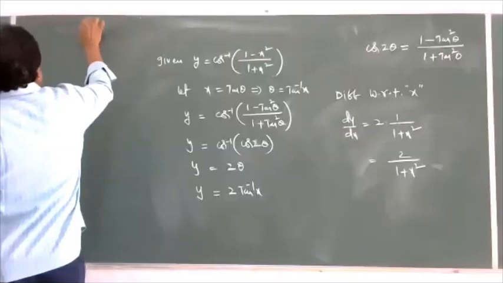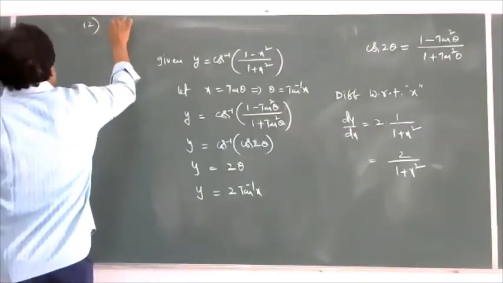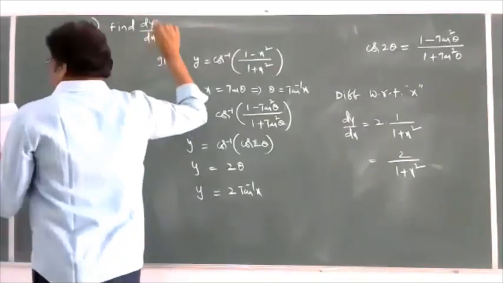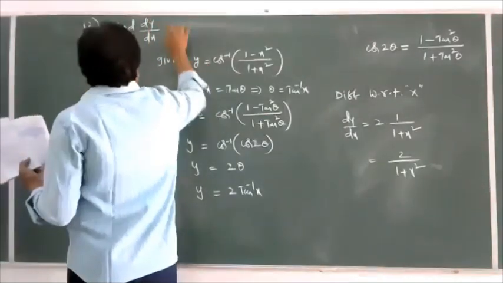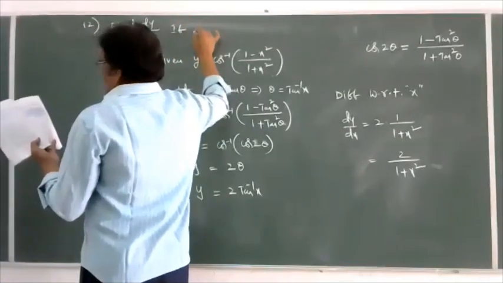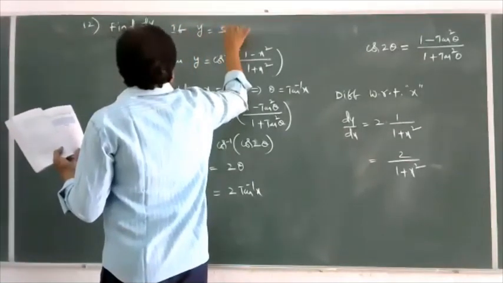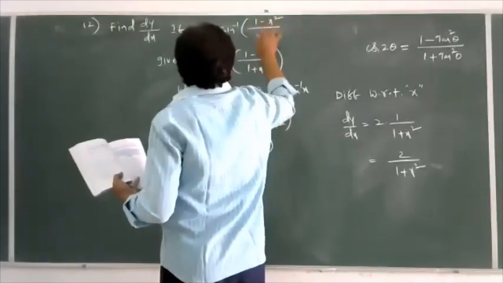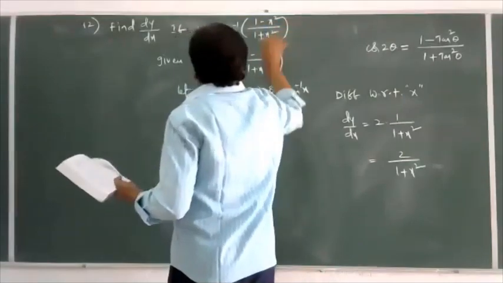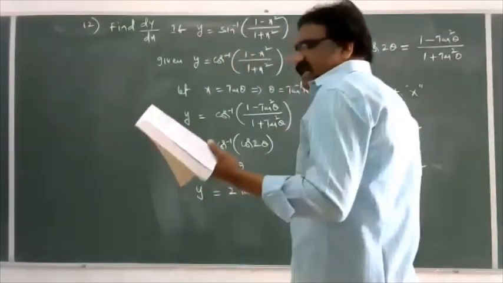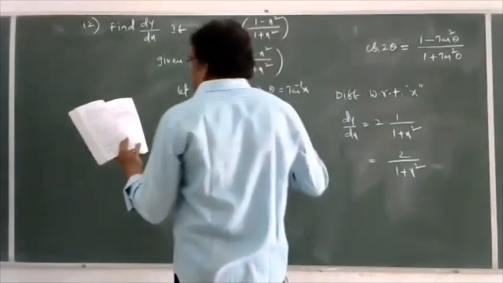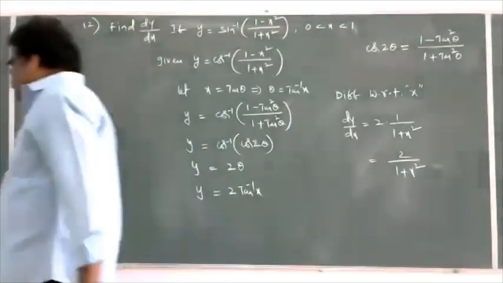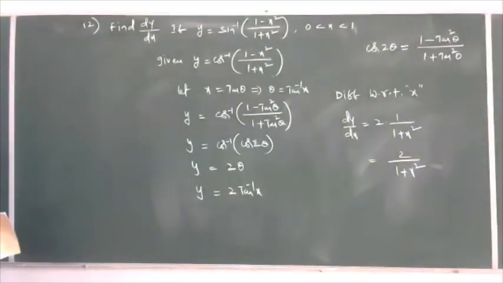Find dy by dx if y is equal to sine inverse of 1 minus x square by 1 plus x square, where 0 is less than x less than 1.